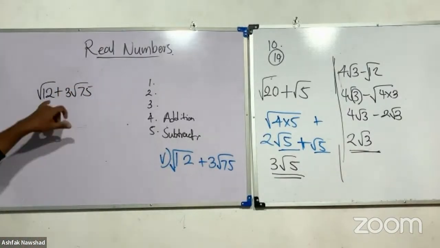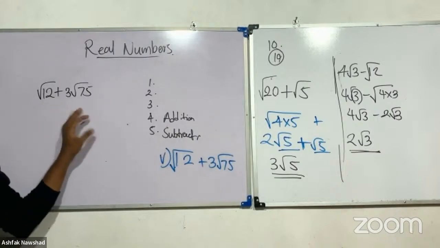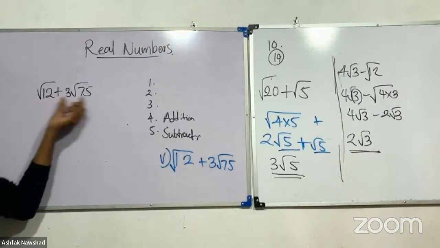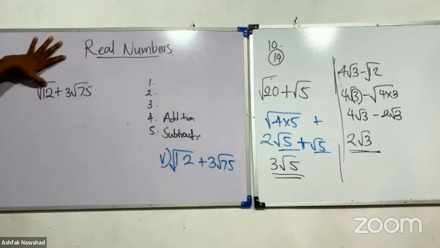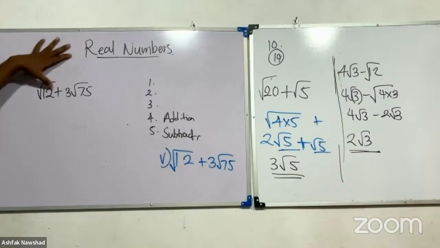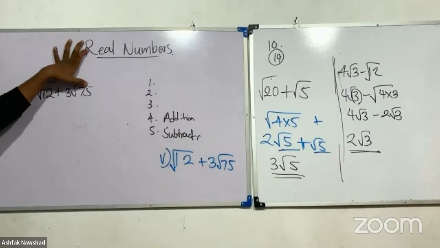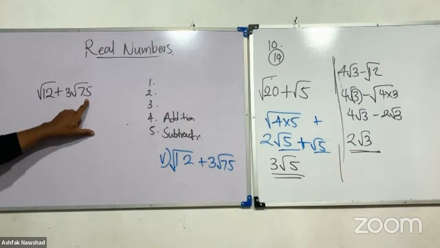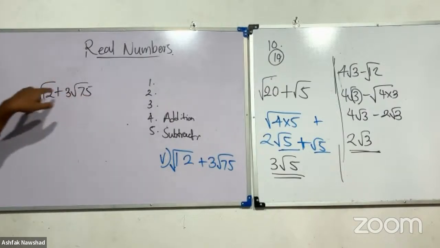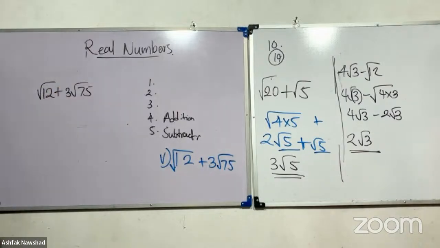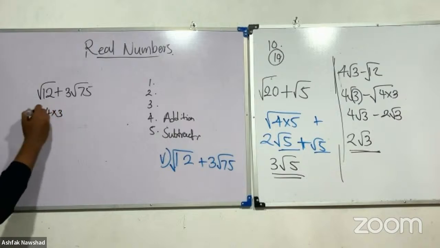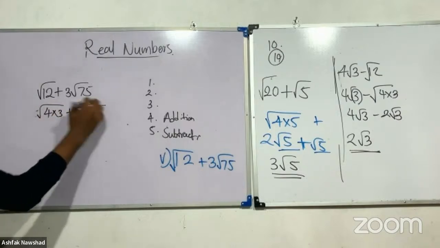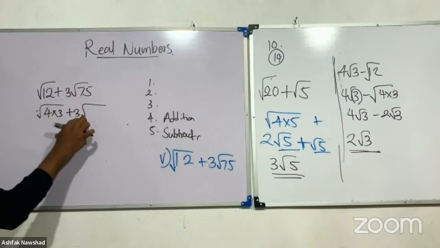Here these are not like surds. 75 is not a multiple of 12, so I cannot write this as 12 times something. So I must factorize both of them. 12 we know how to factorize already. 12 is 4 times 3.